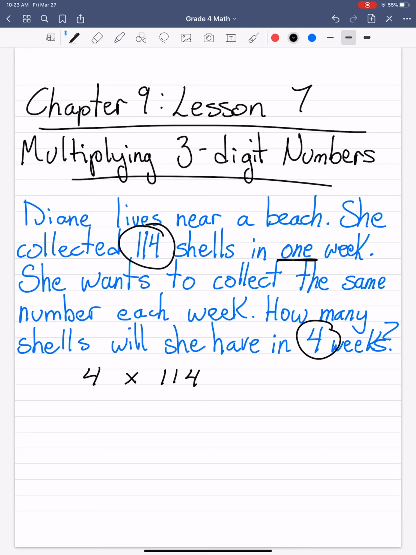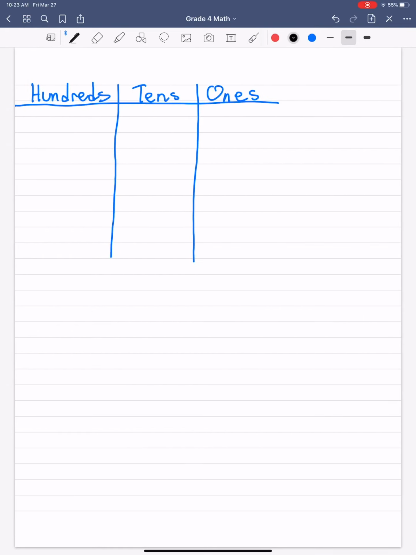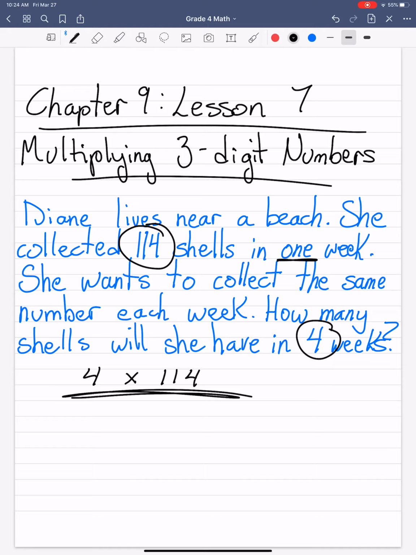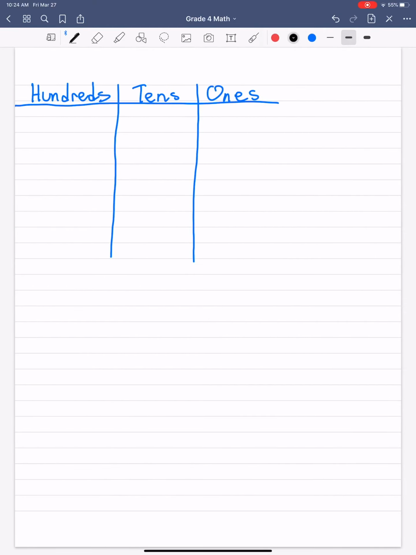So we're going to do this word problem starting with base 10 blocks. So I have a hundreds, tens, and ones chart, a place value chart here. So we need 4 groups of 114. So let's draw 114, 100, a 10, and 4 ones. So that is 1 group of 114.